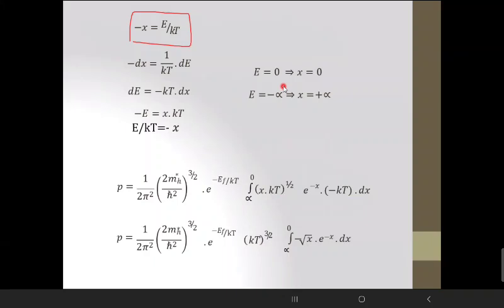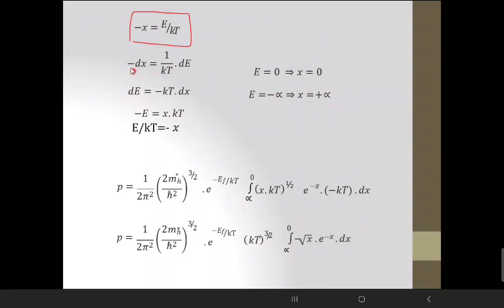When E becomes 0, x also becomes 0. When E becomes minus infinity, x becomes plus infinity. So you have to apply here minus infinity, minus x is equal to minus infinity, so x is equal to plus infinity. Then you need dx, no?